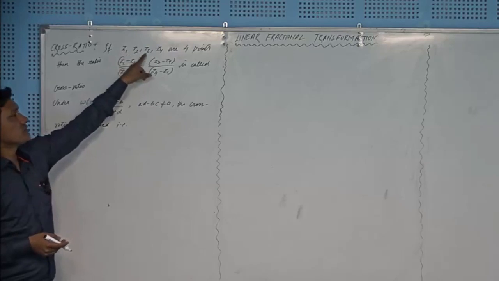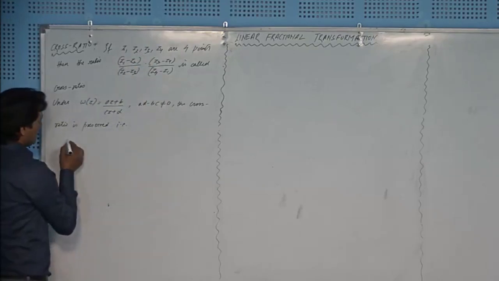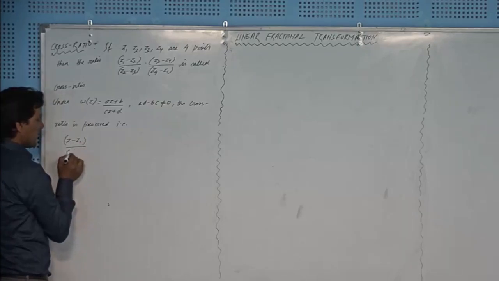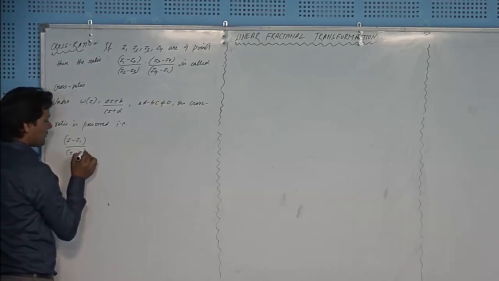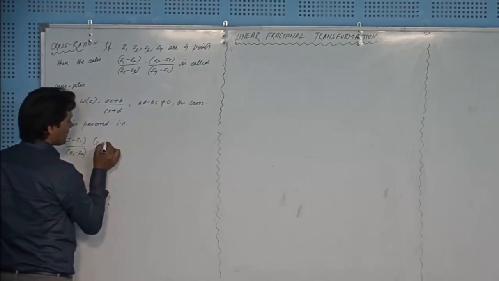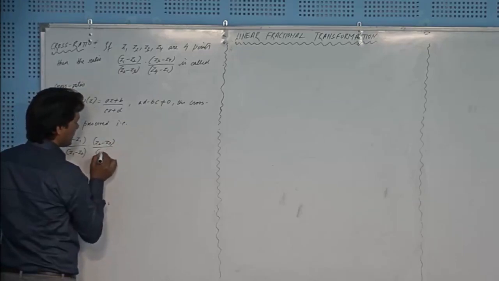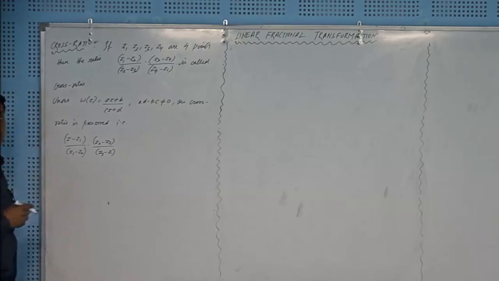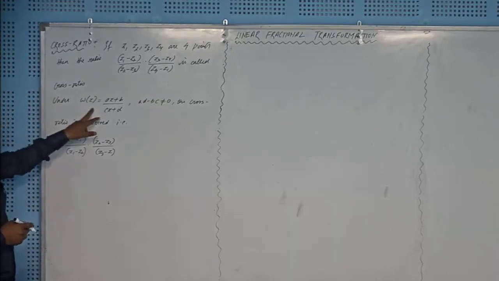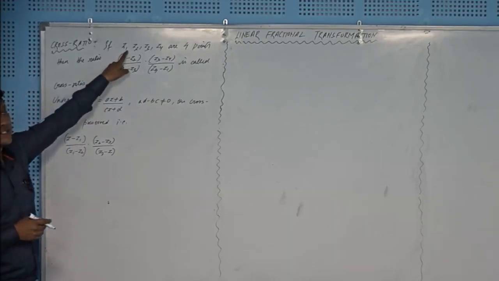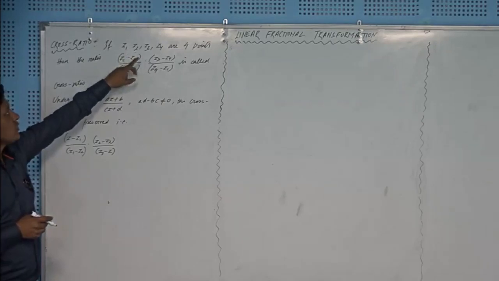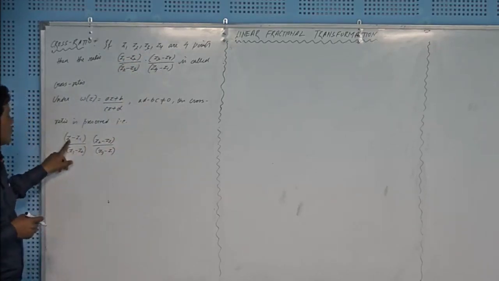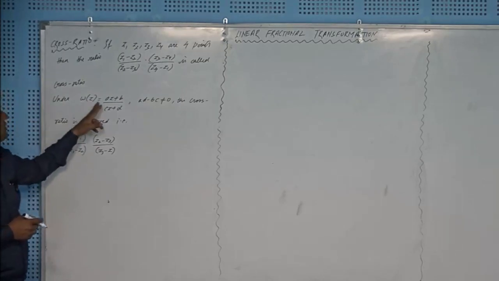so z, z1, z2, z3, then the cross ratio will become (z minus z1) and (z1 minus z2), then (z2 minus z3) and (z3 minus z). Because we need W in terms of z, I am setting the 4th point as z. You need not take all 4 points as complex numbers; one of them should be z, because we need W in terms of z.